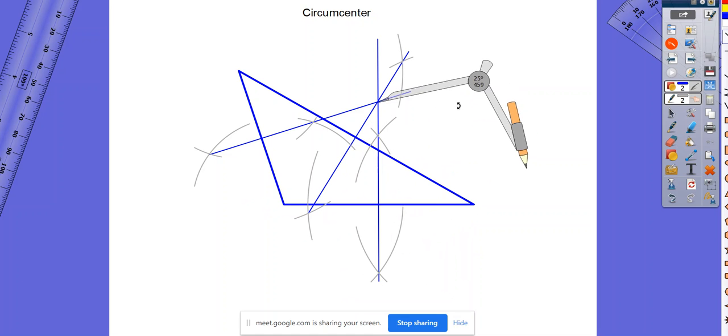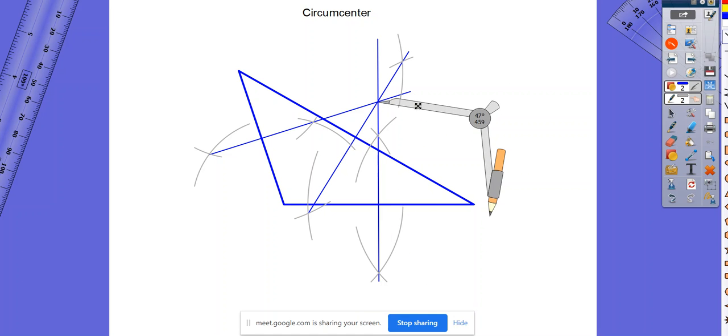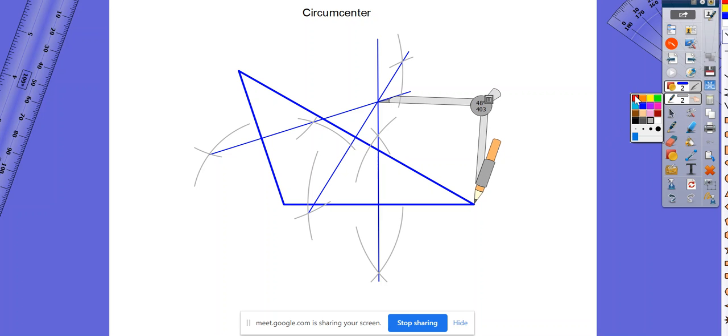The circumcenter is equidistant from all of the vertices. So what I can do with the circumcenter is I can actually draw a circle such that it goes through every vertex exactly.